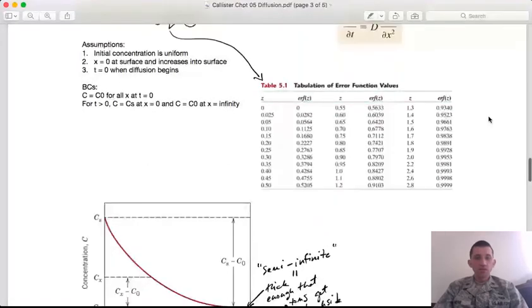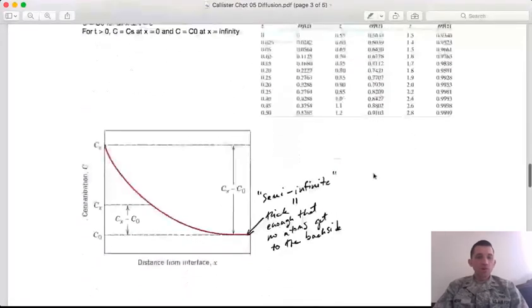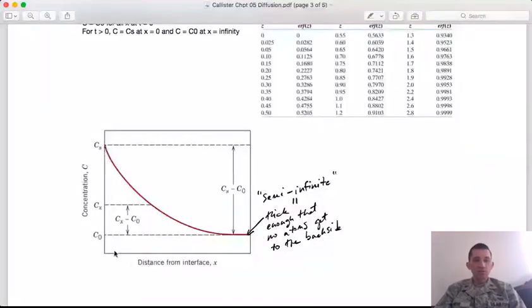And so what you end up with are concentration curves that look something like this, where you have a base concentration, usually, of whatever your impurity is, and you have a surface concentration. The assumptions of your problem mean this doesn't change because you're not exhausting the material at the surface.